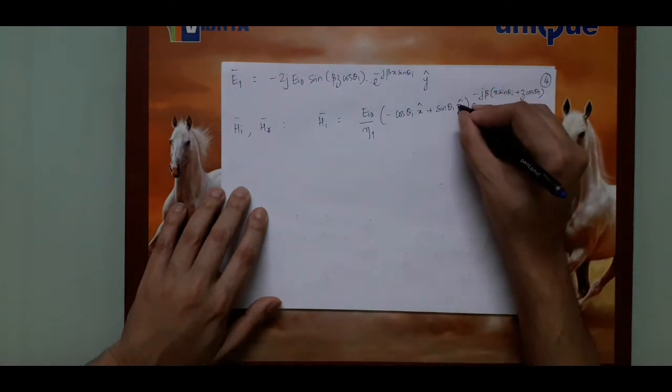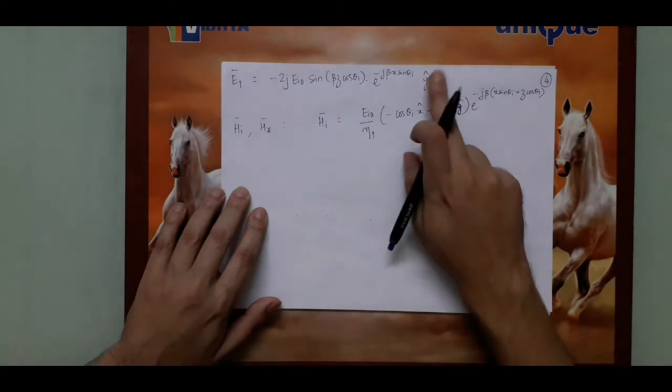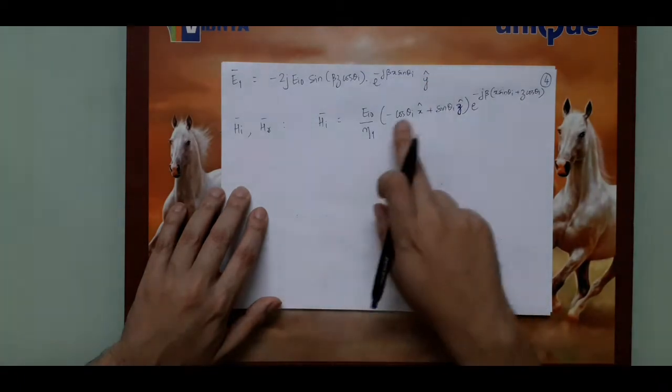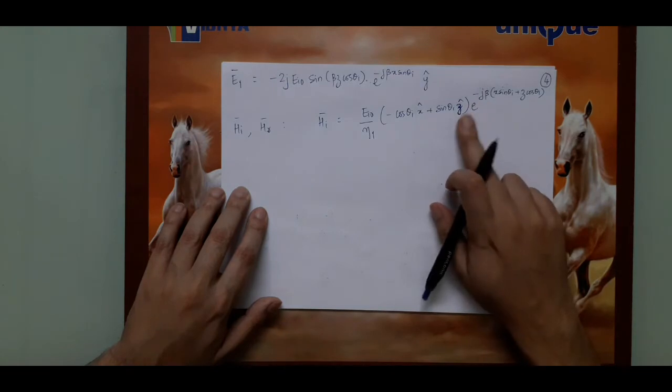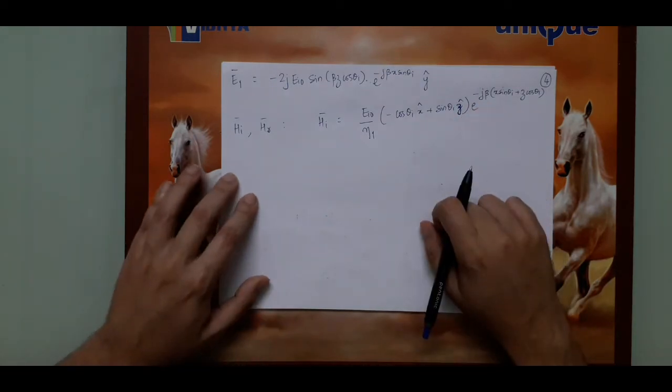X and z, it has to be z because the electric field is along the y component, so the H has to be on the xz plane. Just keep a sanity check of this, keep track of these components. It's very easy to make a mistake.